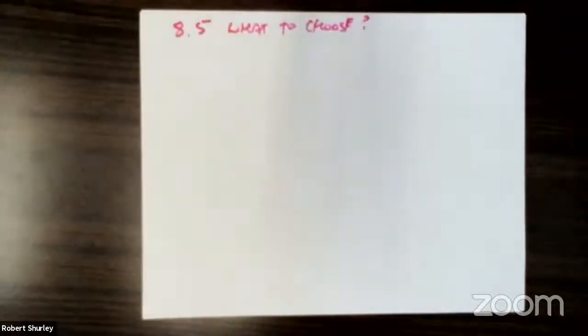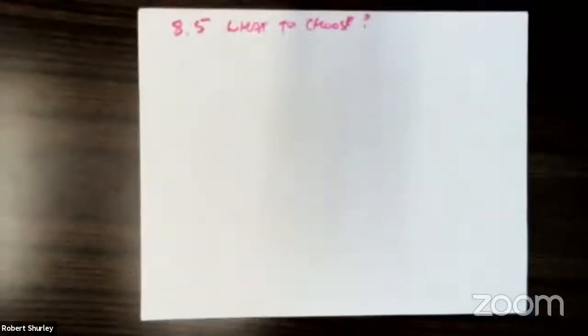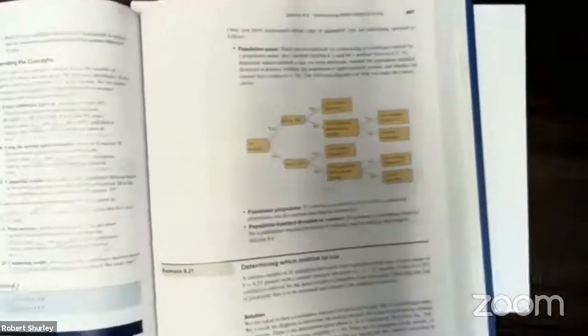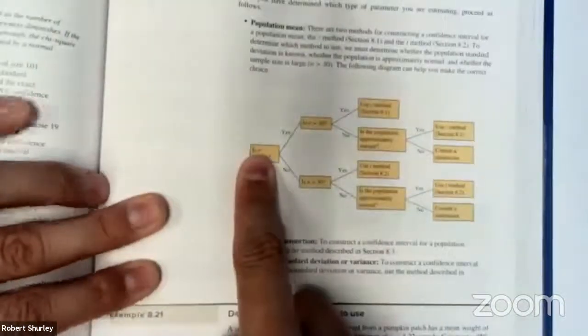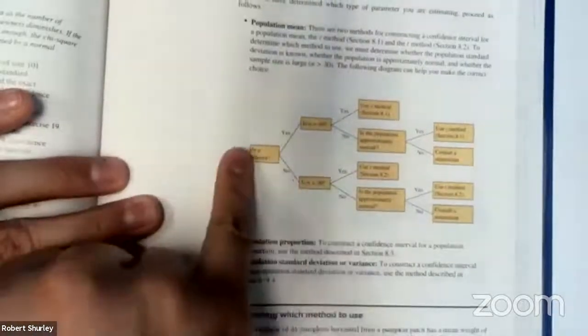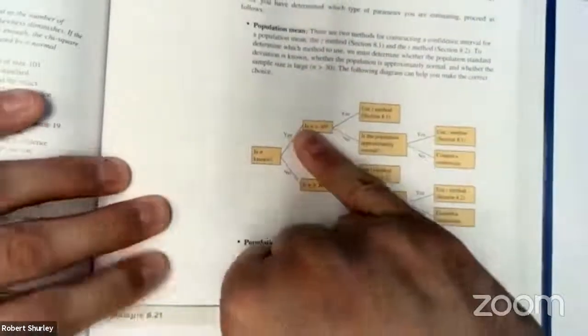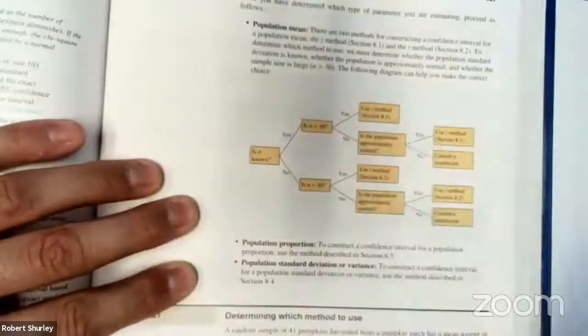If you open up your book, let's switch over. I'll switch over the document camera now. You'll see on page 407, it gives a nice little path to what's going on. Remember, this is population standard deviation. If we know it, and our n is greater than 30, just use the Z method.